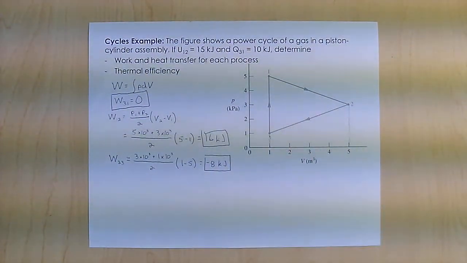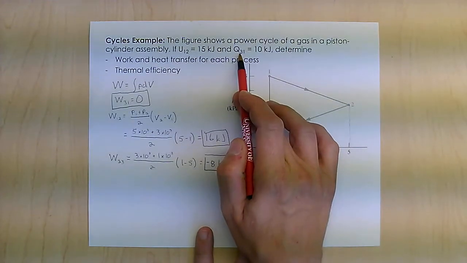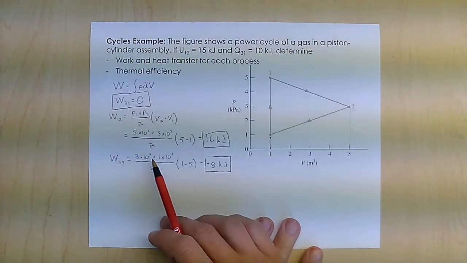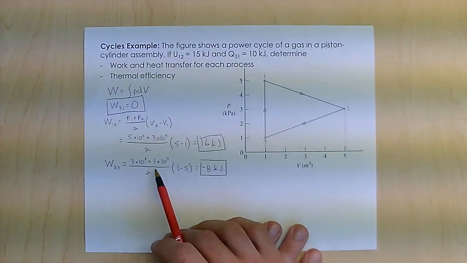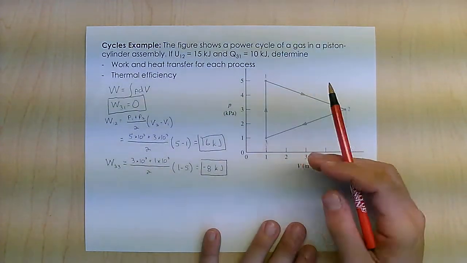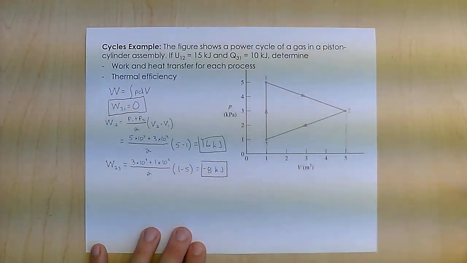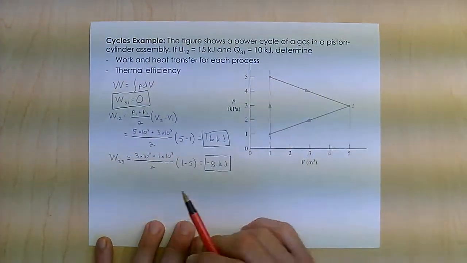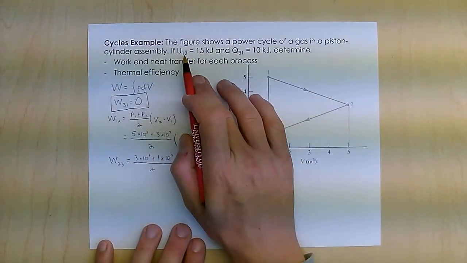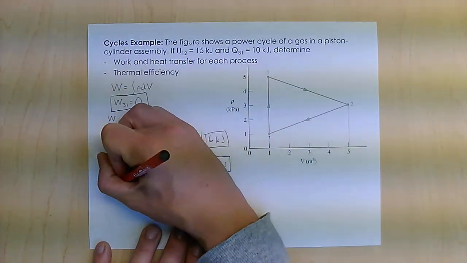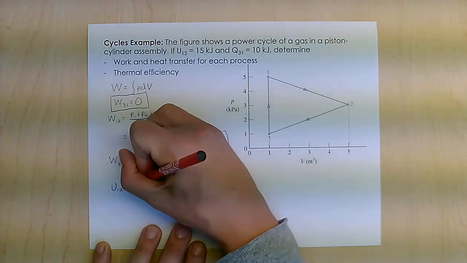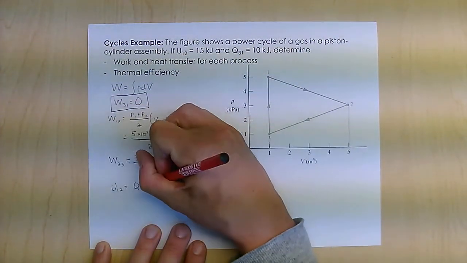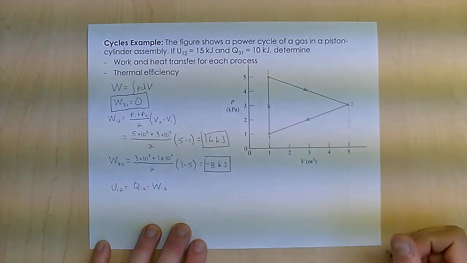Okay, so I know Q3 to 1, so I just need to find the other ones. Let's start with the first law on the first process, since I know U1 to 2. U1 to 2 equals Q1 to 2 minus work 1 to 2.